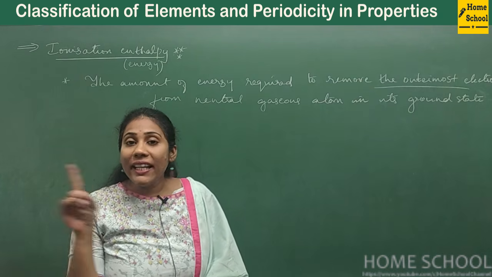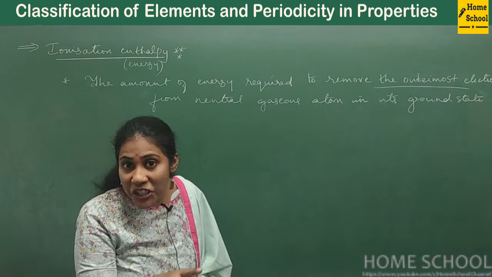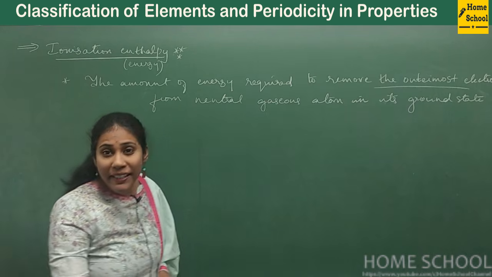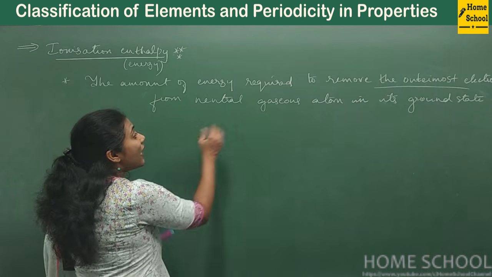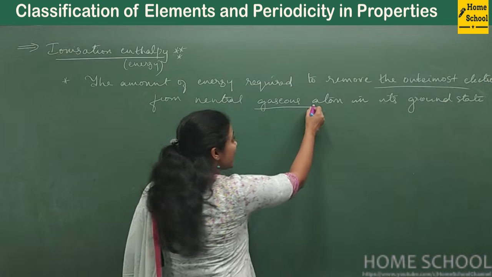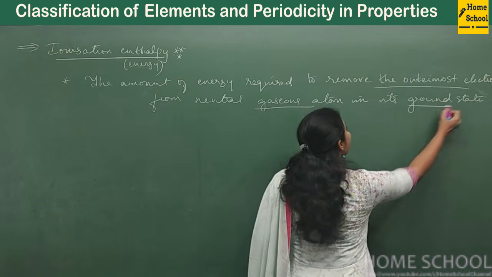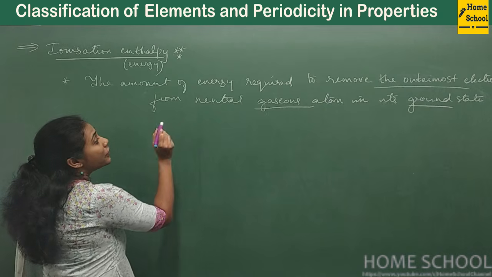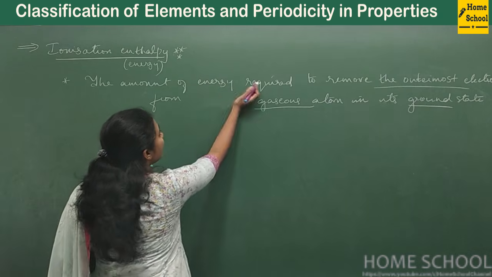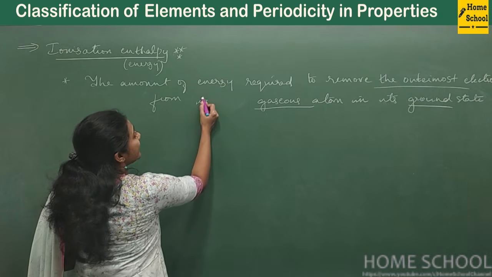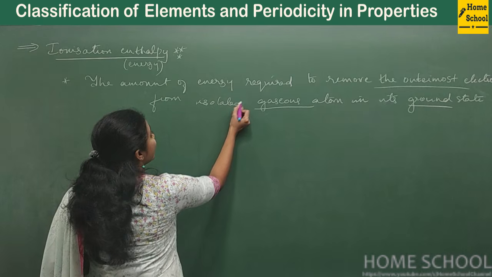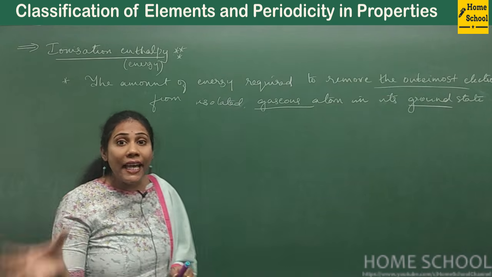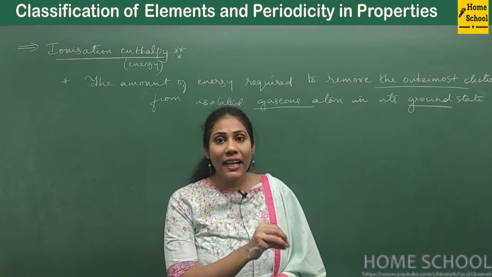You can't remove an electron from an atom which is in a solid state. You can't remove an electron from an atom in a liquid state. You can only remove an electron if the atom is in gaseous state, in its ground state, and it must be isolated, in the sense it should be single, not in combination with some other atom.